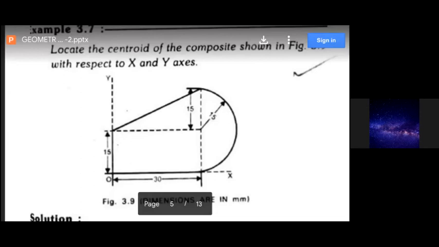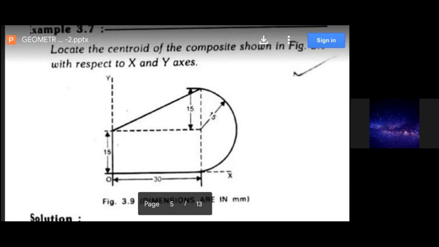And next, the rectangle is 15 times 30 mm. For the triangle, x bar is equal to 2/3 of its height, 2/3 of 30, and y bar is equal to 1/3 of 15.